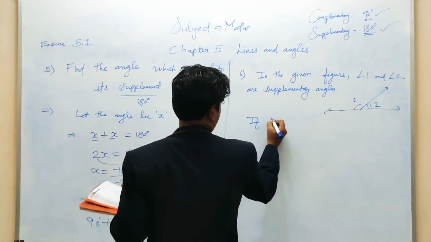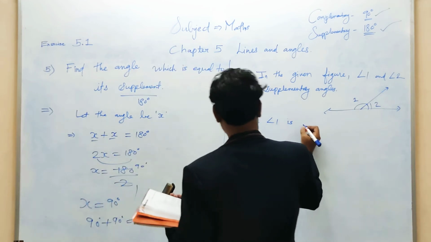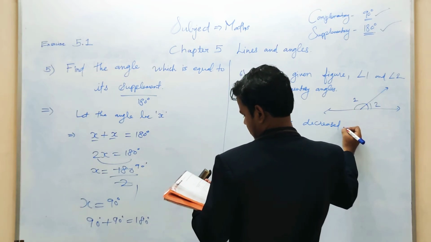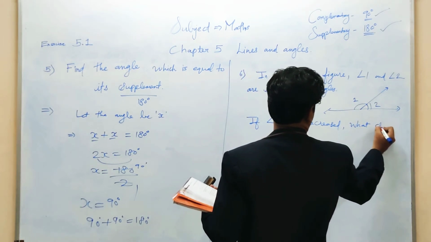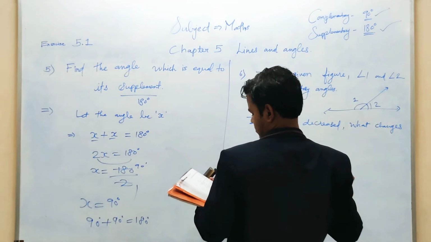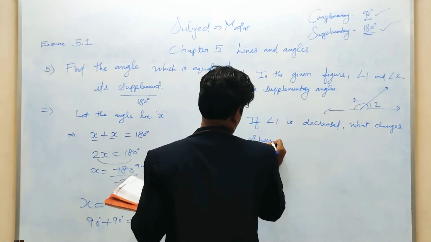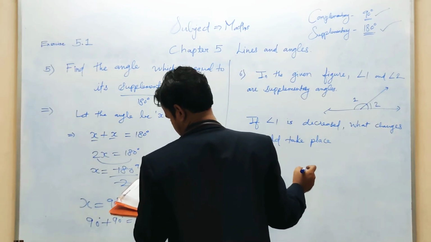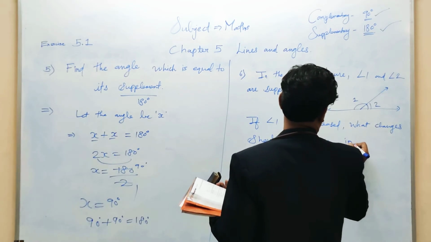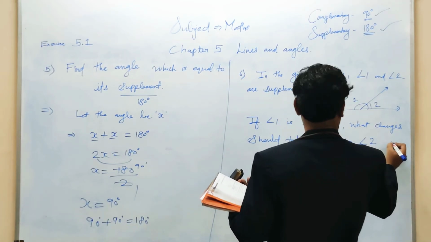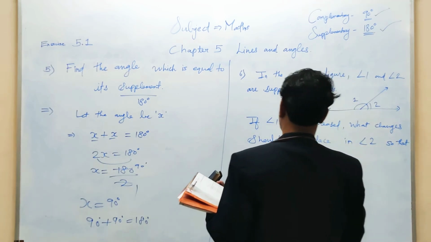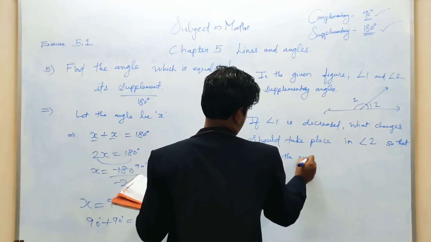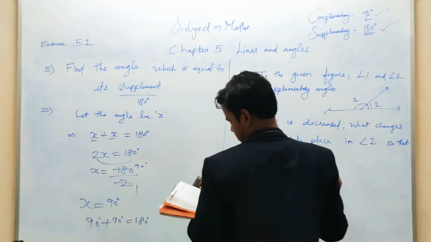If angle 1 is decreased, what changes should take place in angle 2 so that both the angles still remain supplementary.